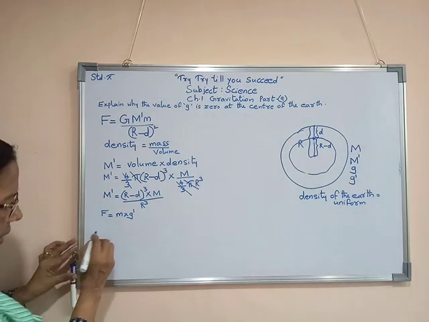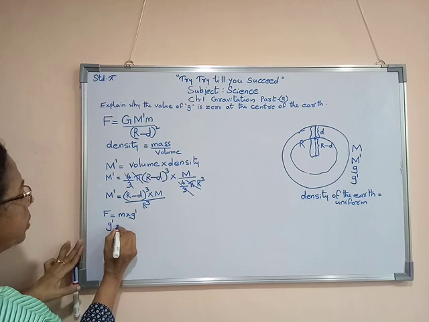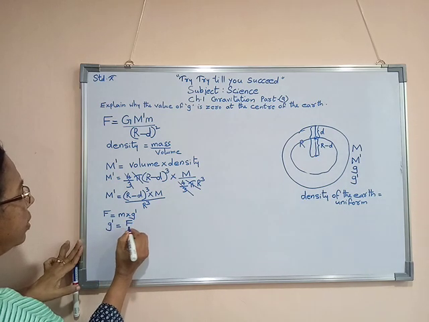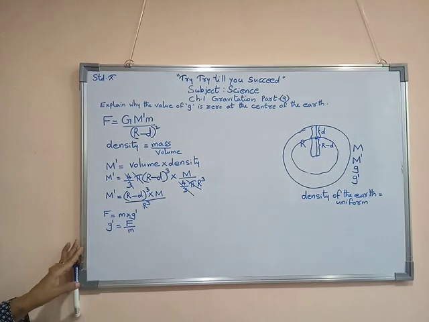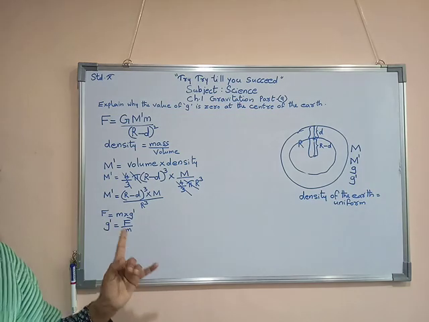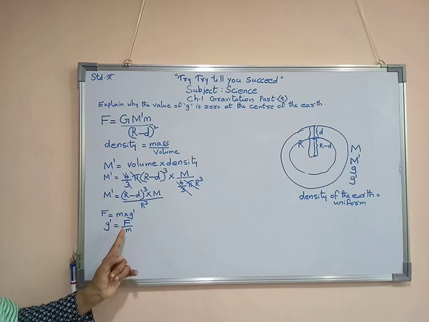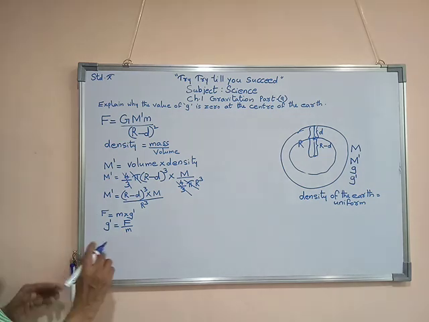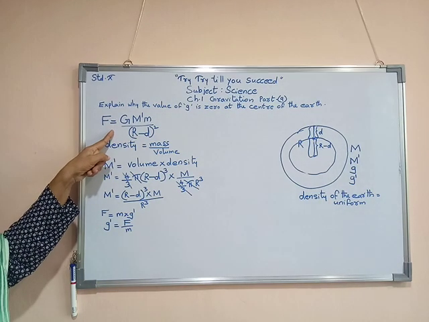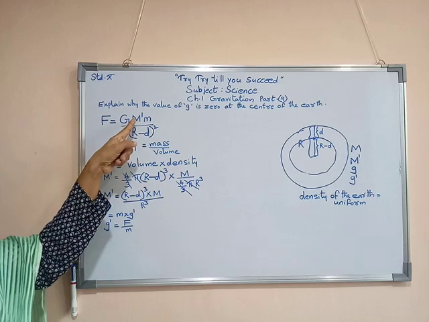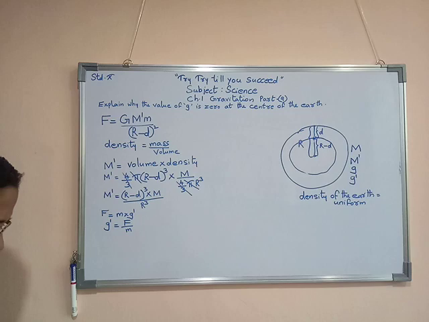Now here we are finding what g dash is. So g dash is equal to capital F upon small m. So here, F is equal to m into g dash. Now g dash is equal to what? Capital F upon m. Now we are substituting the value of F that we had already studied here. F is equal to capital G m dash into m upon r minus d whole square.